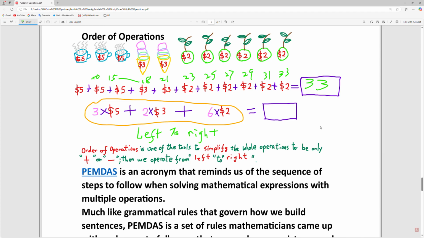But if the sentence becomes longer and longer, and if I purchase 99, you don't want to do it. I purchased 99 cups of coffee, and I purchased 97 ice cream, and I purchased 96. There are a lot of items for you to add.